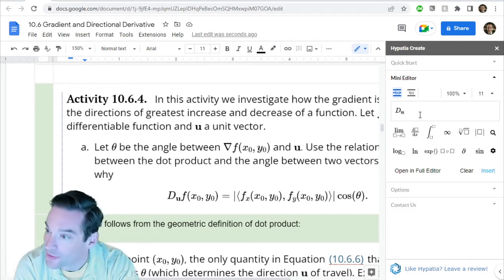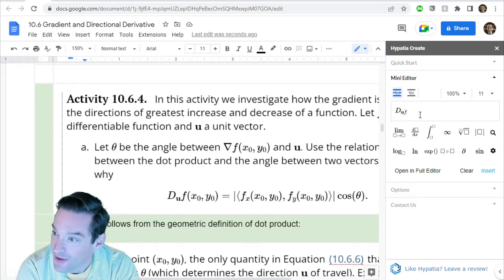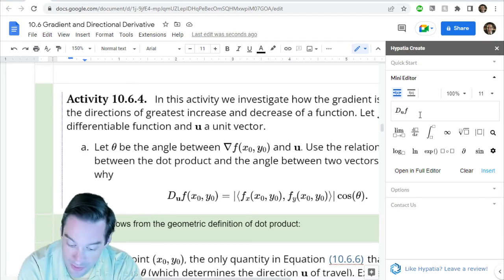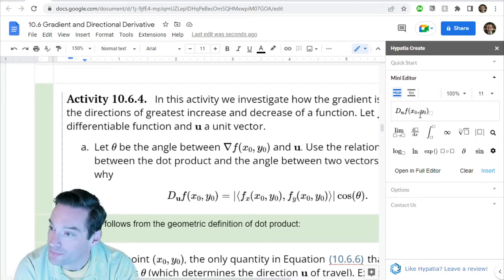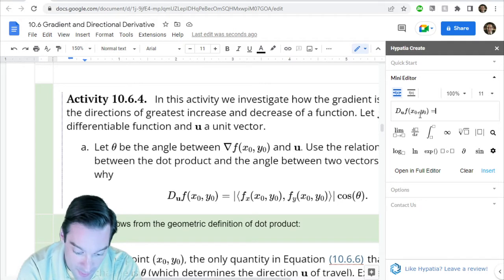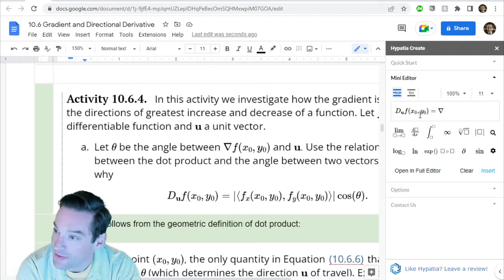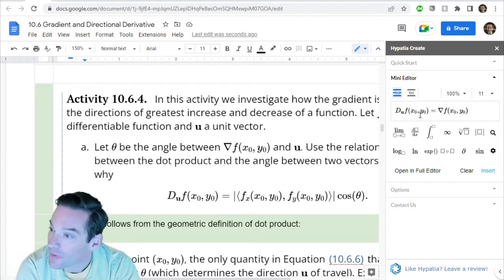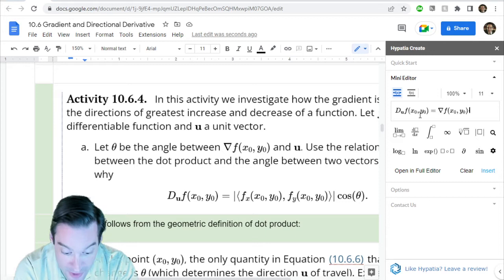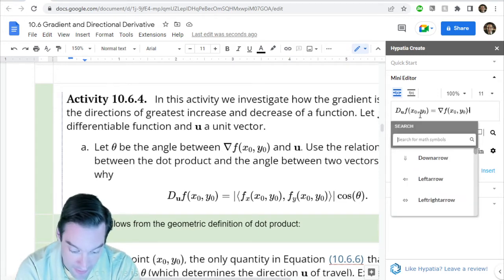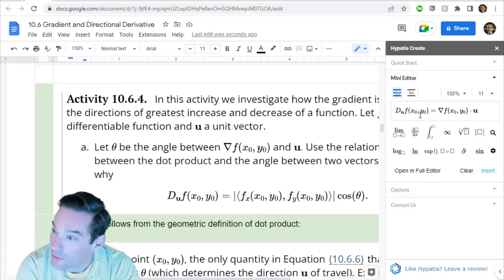So the directional derivative in the u direction of a function f at x naught, y naught is just equal to the dot product of the gradient, nabla f at x naught, y naught, with the unit vector u.